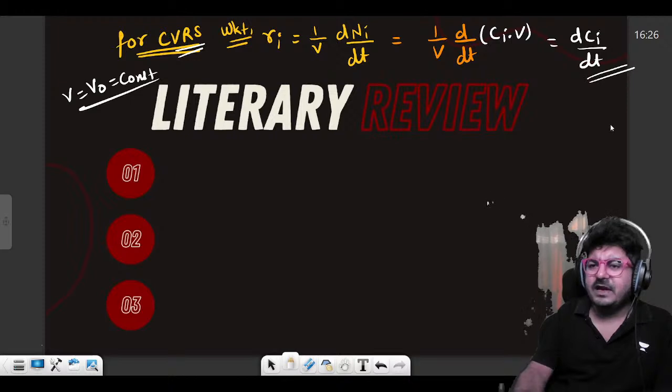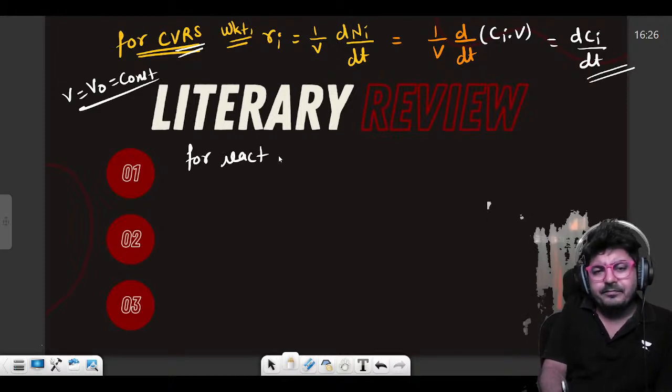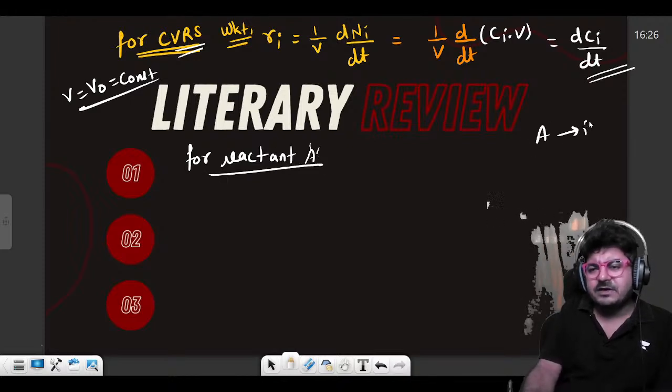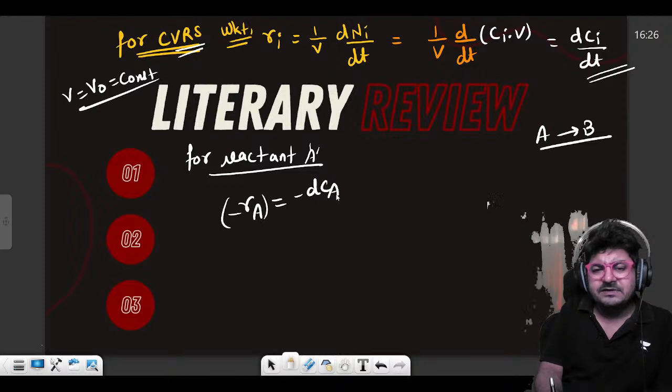Okay, this is how we write the rate of reaction. So you know that for reactant A in any chemical reaction, suppose we have a reaction something like this. So for reactant A, by the definition, minus Ra will be equal to minus dCa by dt.